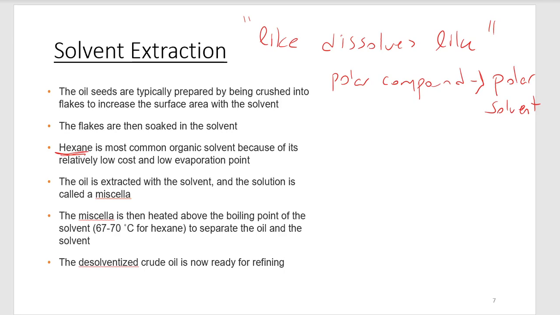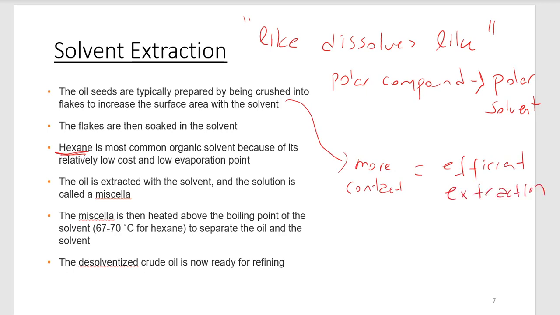So during solvent extraction, oil seeds are first crushed to increase the surface area. So when you have high surface area, you will have more contact surface between your seeds and hexane. Therefore, you will have a more efficient extraction. Then the flakes are soaked in hexane and mixed.